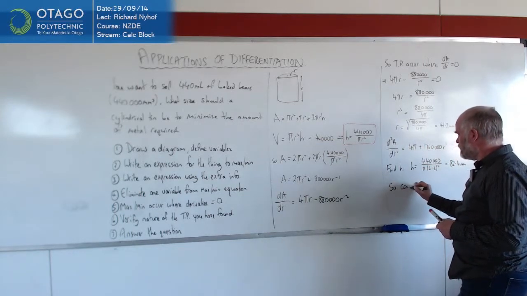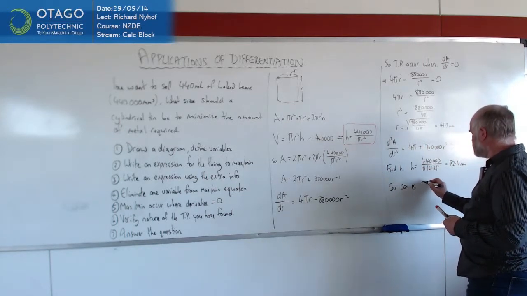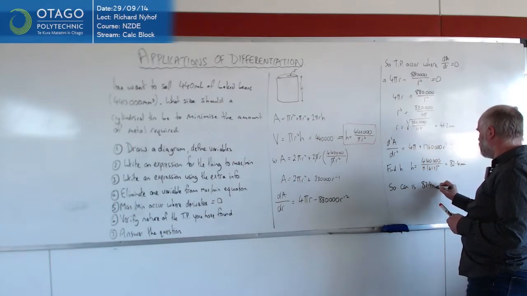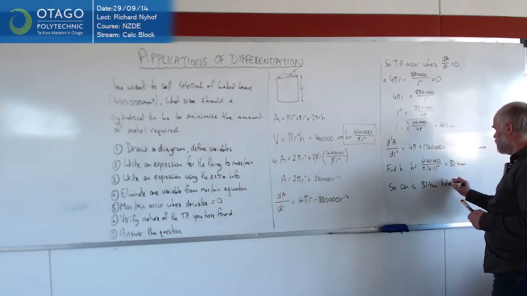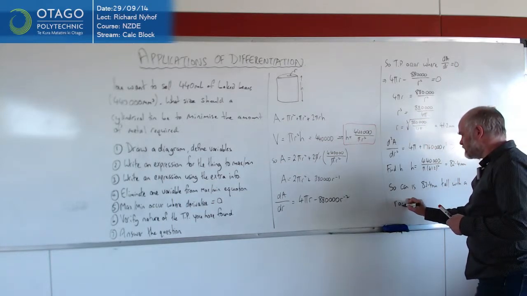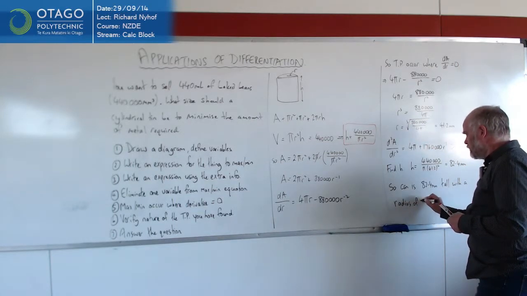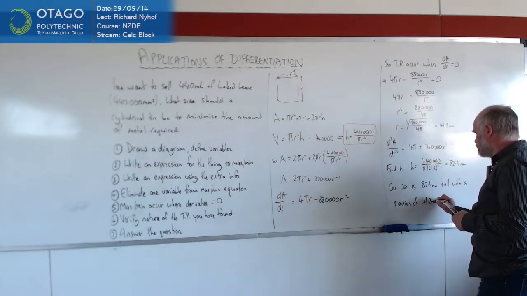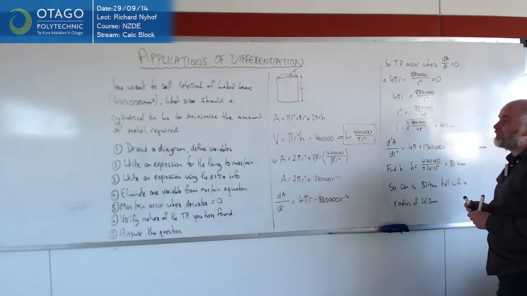So the can is 82.4 millimeters tall with a radius of 41.2 millimeters. And now I think I've answered the question.